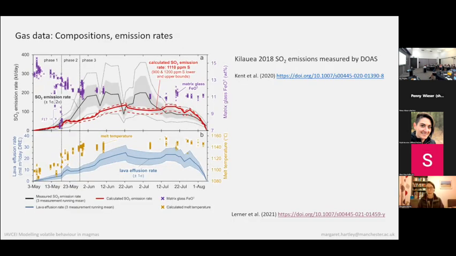The second kind of data that we have access to are observations of gas data, gas compositions and gas emission rates. So this plot shows some of the SO2 emissions from the Kilauea 2018 eruption measured by DOAS.